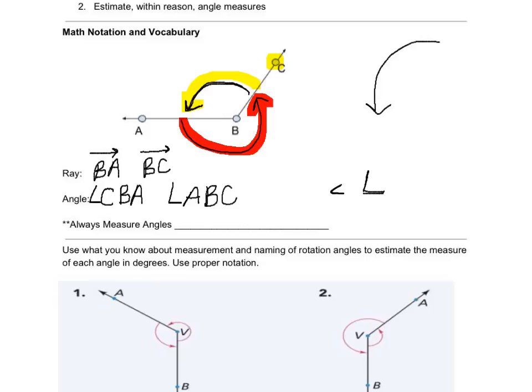But that is it, now I don't have to write out the word angle. I can just use that notation. So always measure angles in a clockwise rotation.